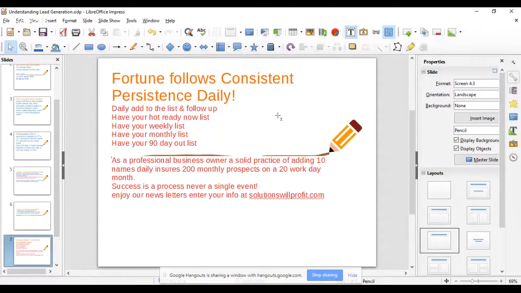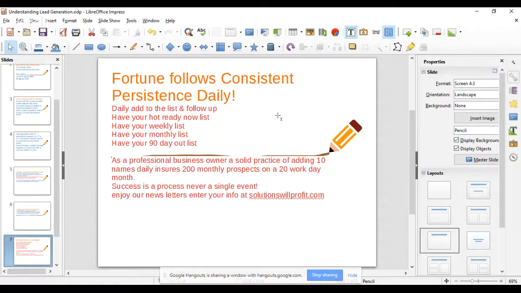Okay, even if you're doing that part-time, just 1 hour a day, 5 days a week. Have your weekly list ready. Have your monthly list ready. Have your 90-day out list. As you're developing your leads, you'll find out where their point of need is, place them in the appropriate list, and maintain your professional follow-up.